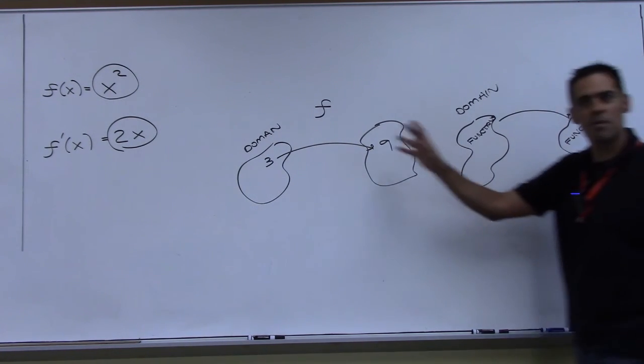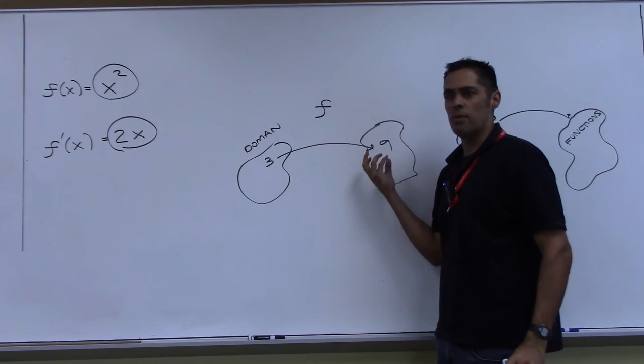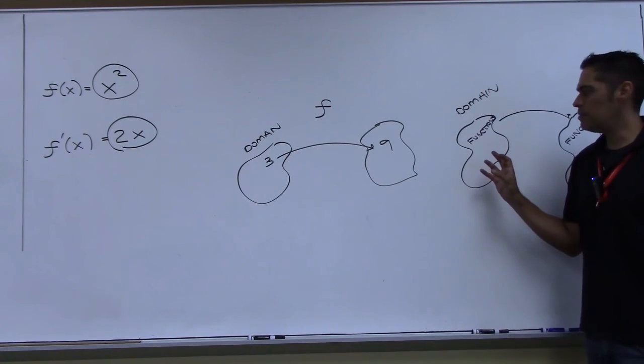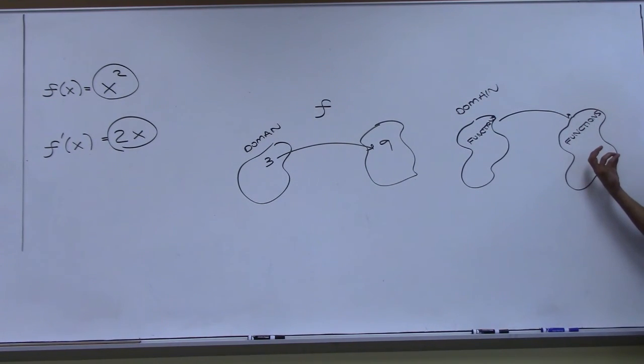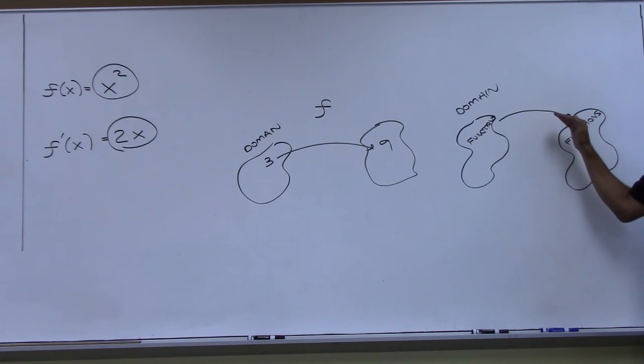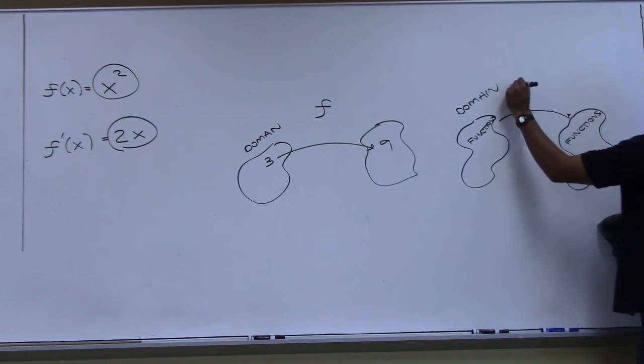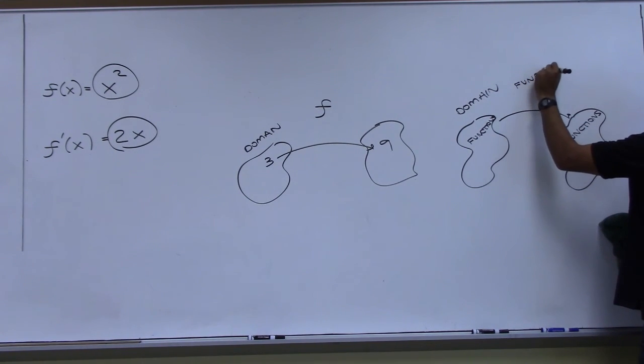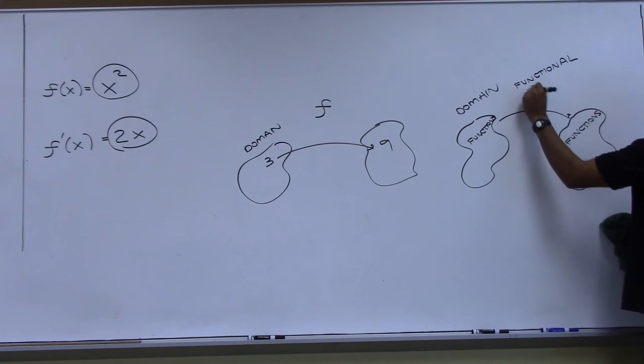So instead of numbers being transformed into numbers, I have functions being transformed into new functions. Then I should probably not call this thing here a function. What we call this is a functional operator.